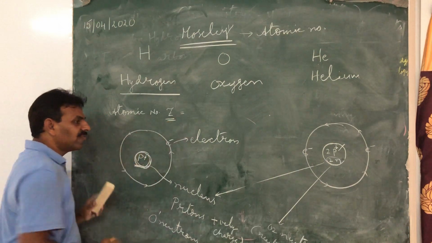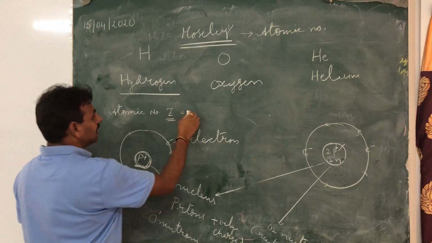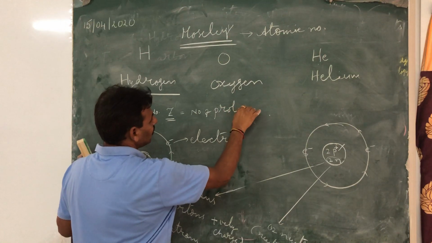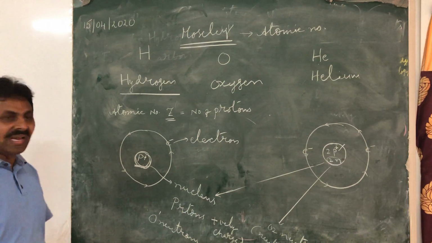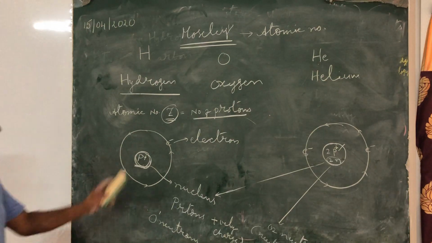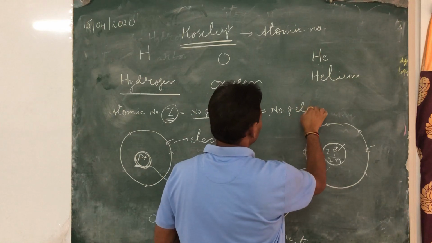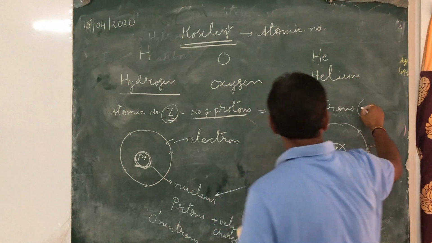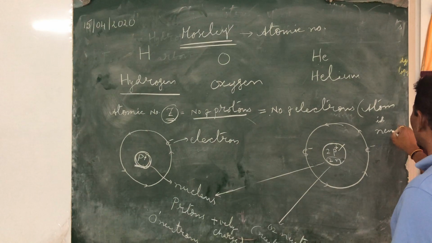whose symbol is given as Z. Symbol of atomic number is Z. Okay? Z is equal to number of protons. Atomic number is symbolized by Z, and this is nothing but number of protons. Now this atomic number is also equal to number of electrons, but under one condition only, when the atom is neutral.